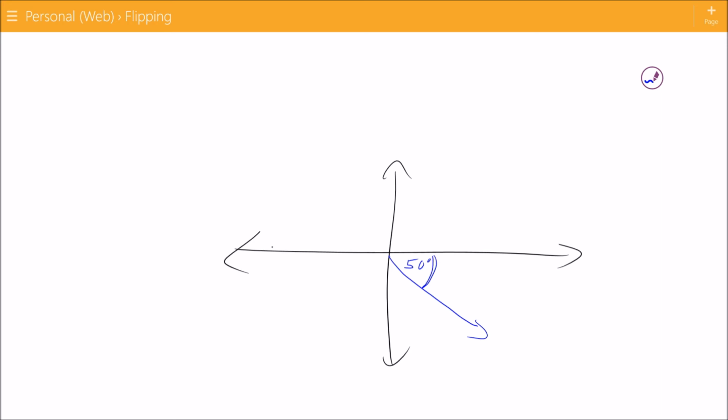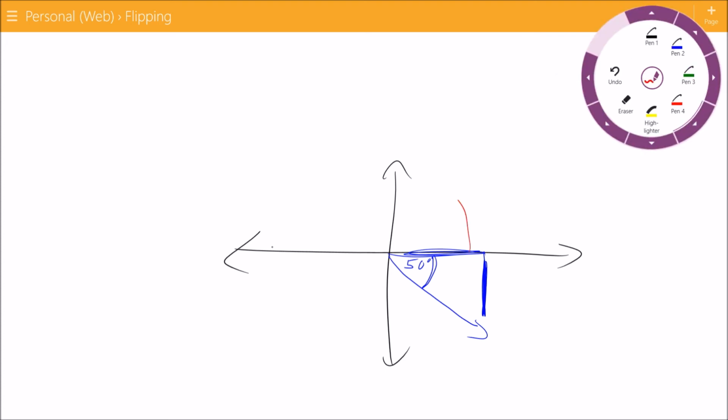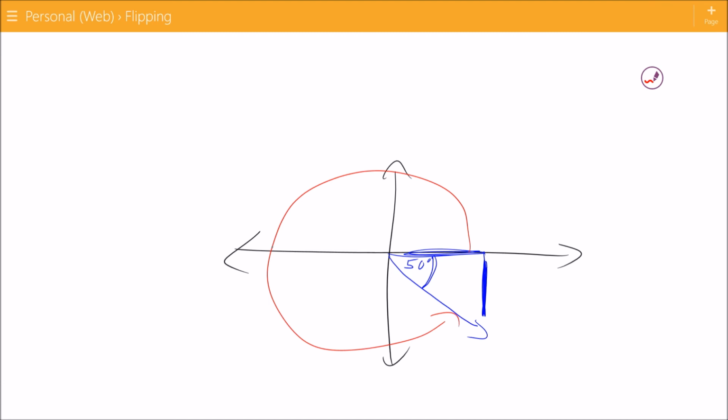This is what you find using trig, because you're using this side over here and this side there, there's your triangle. But this time, notice I'm not going to add 50 degrees because, again, we want to go all the way around. So here is 90, here is 90, here's another 90.